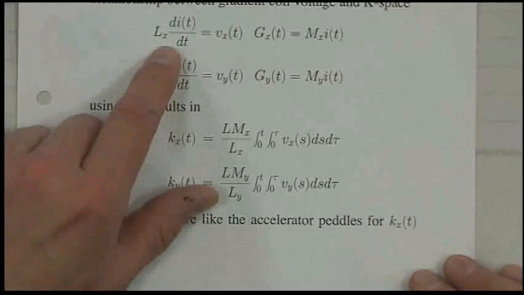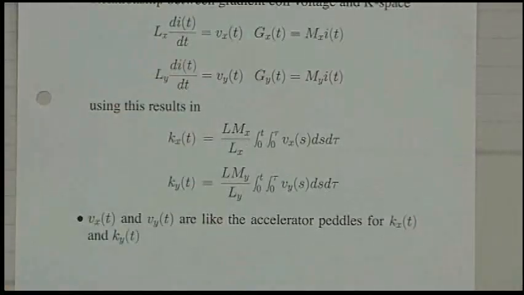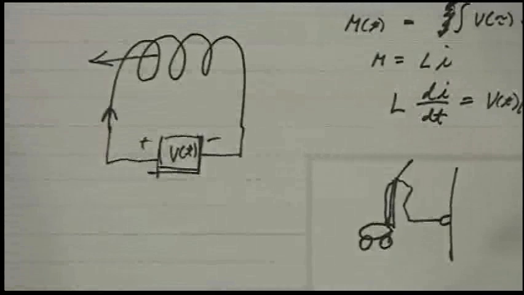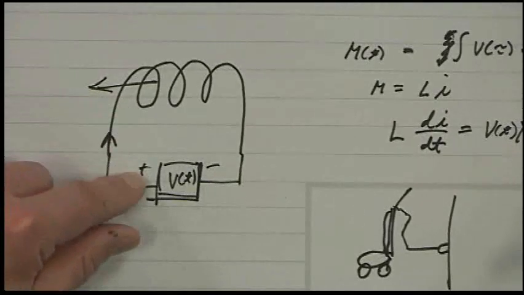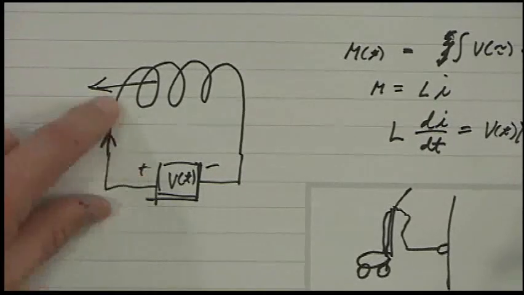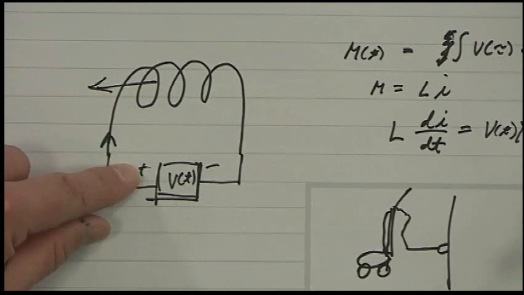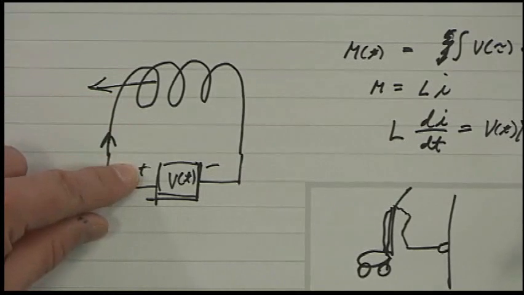As I said before, these are coils. So the current in the coil is not proportional to the voltage. The current in the coil is proportional to the integral of the voltage.